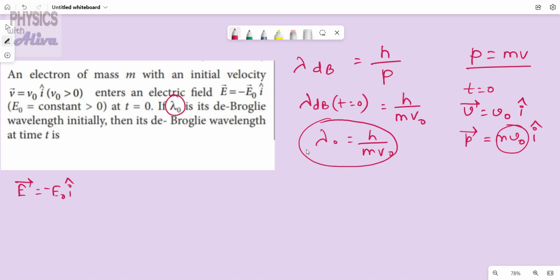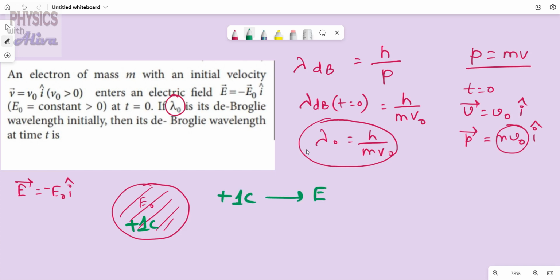Suppose in this region the value of the electric field is E naught. That means if we place a unit positive charge, a plus 1 coulomb charge, in this region, it will experience the force E naught. Now from the unitary method, if plus 1 coulomb charge experiences the force E naught, then q coulomb charge will experience the force q E naught, right?